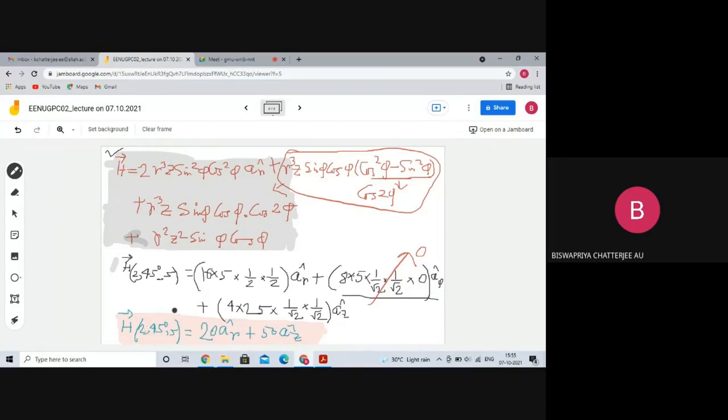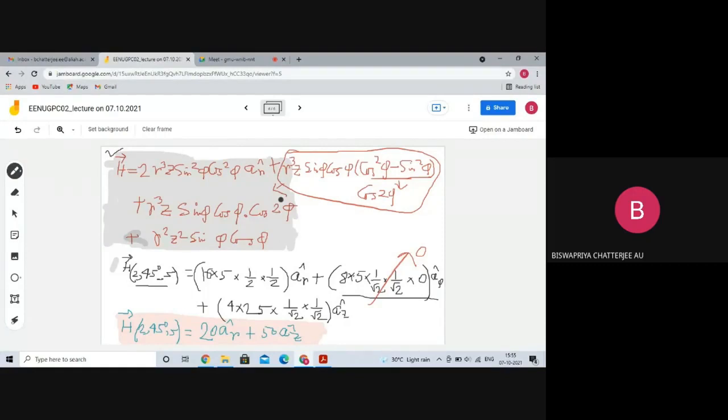However, this solution is at a particular point, and if you change the location of the point, it will change accordingly. So this is how you can transform from one coordinate system to another.